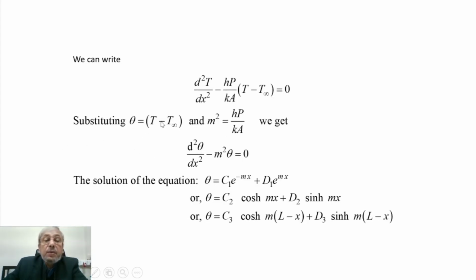Substituting theta equal to T minus T infinity, and m is a parameter, right? m means h into P, heat transfer coefficient into perimeter, divided by thermal conductivity into area.